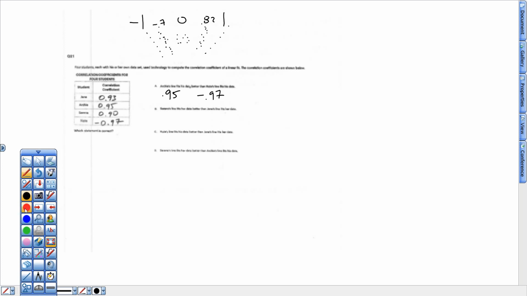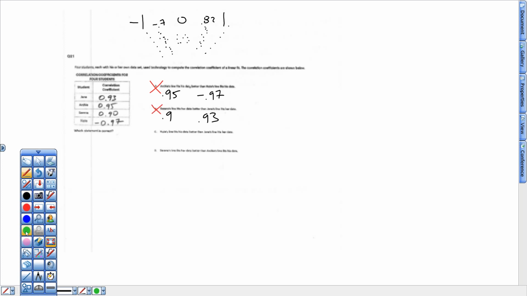So this one, 0.95 is not more than 0.97. That is not true. Archie's line does not fit better. It doesn't show it. Next one, Serena's line. I'm sorry, Serena's line is 0.9, and then Jana's line is 0.93. It's trying to tell you 0.9, Serena's line fit better. 0.9 is more than 0.93, but that's not correct. All right, next one.